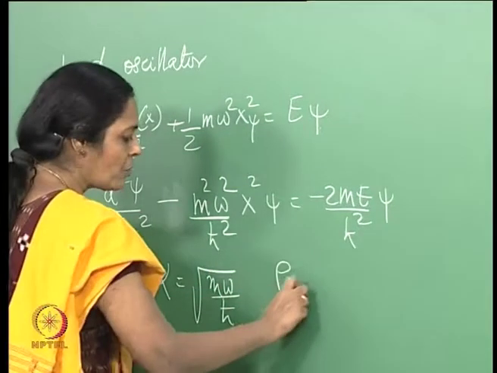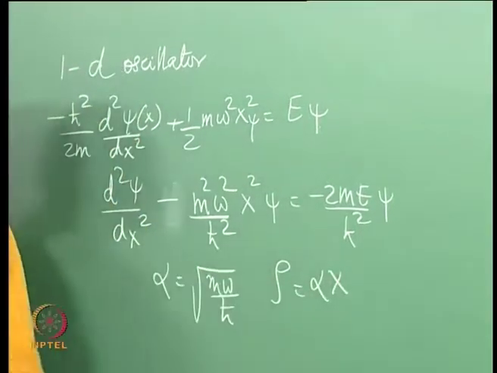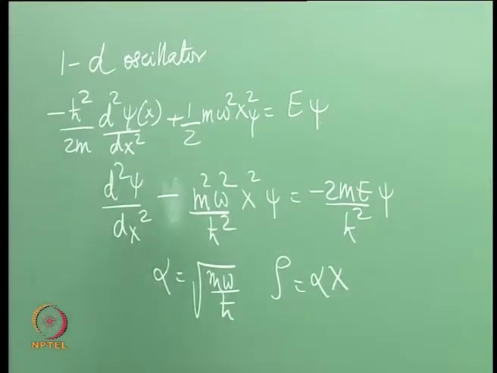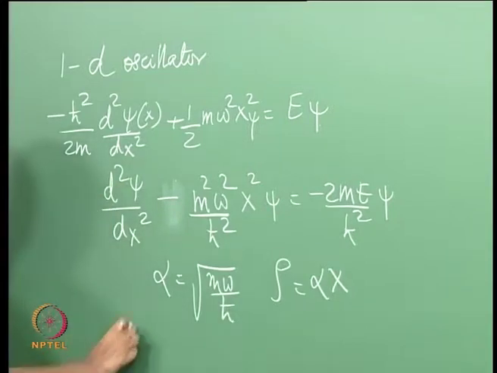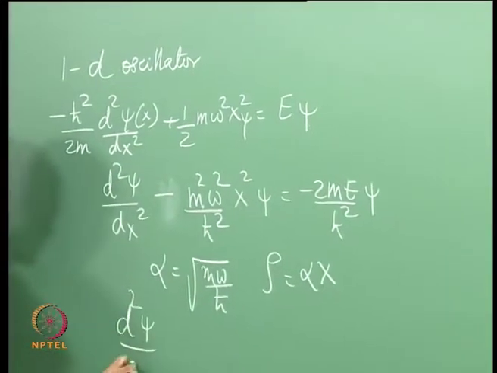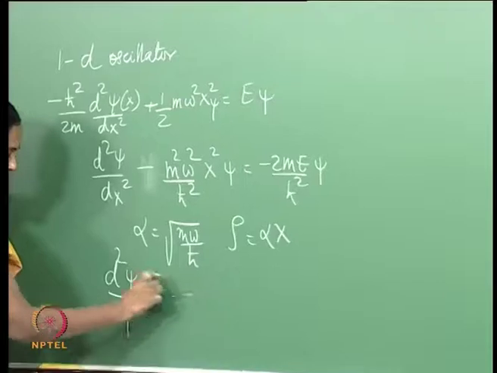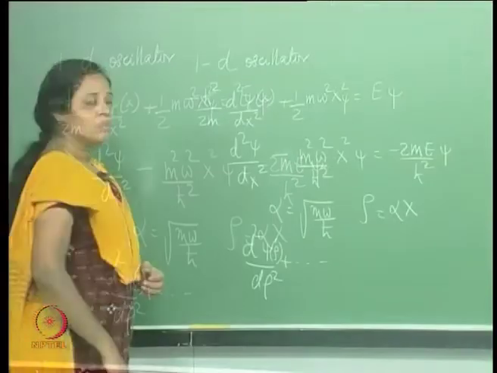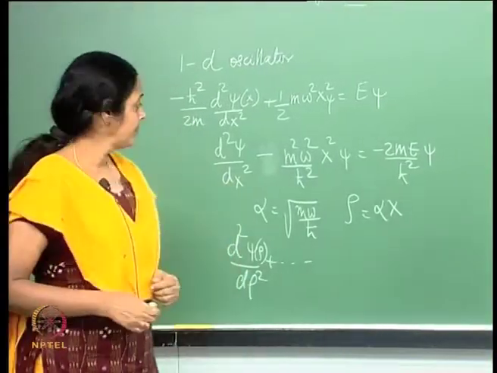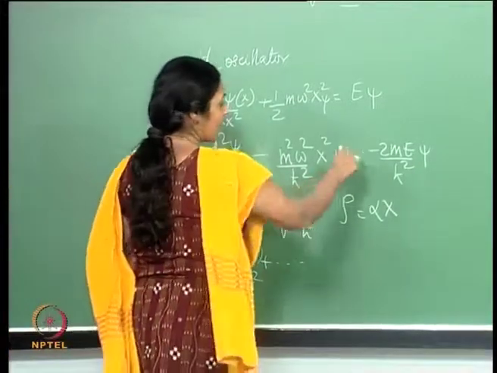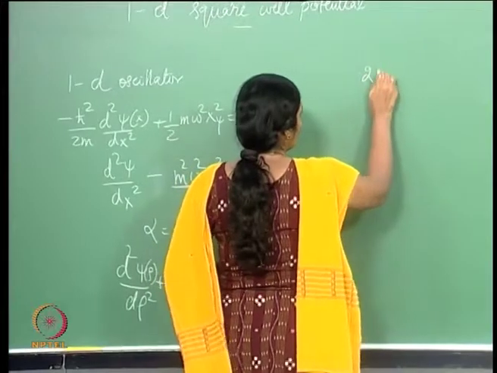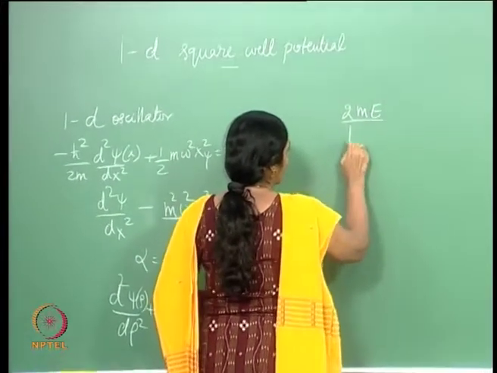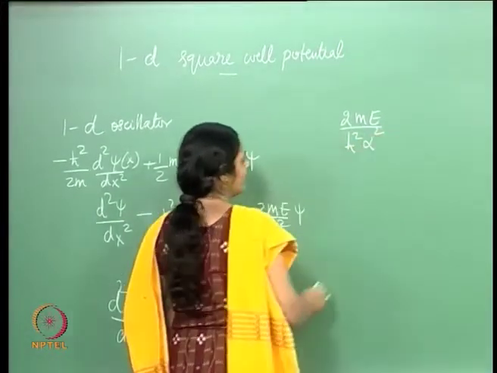Then we defined rho, which was alpha x, and which was therefore a dimensionless quantity. Recast this equation in terms of d2 psi by d rho squared plus so on, where psi was a function of rho. And in the process also got a quantity 2mE by h cross squared alpha squared.